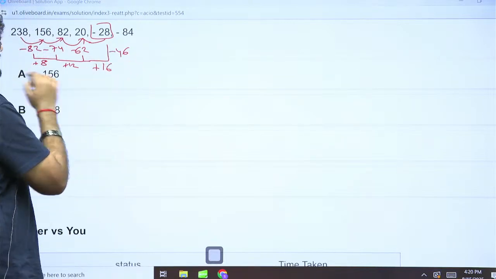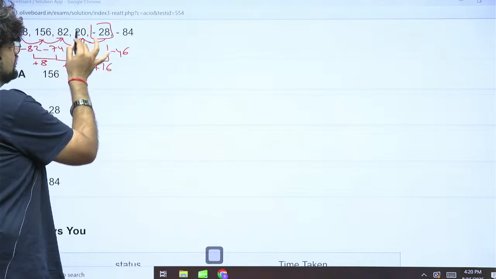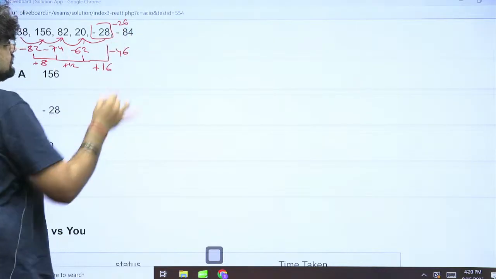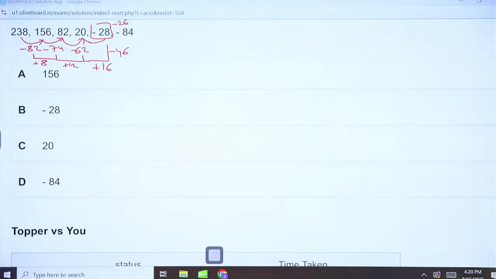This should be minus 46. Now 20 minus 46 should be minus 26. Okay, but is that still making sense? Minus 26 minus 84, that's still not making sense. Are you getting it? So there's something wrong in our understanding.